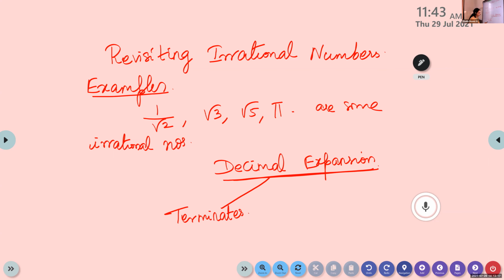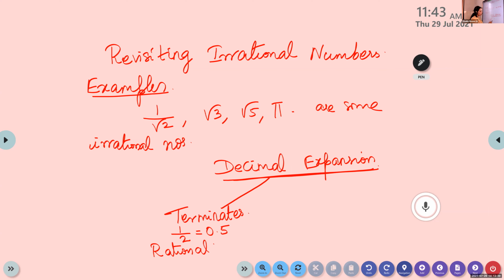For example, 1 by 2 becomes 0.5. So it terminates, it stops. Then it is a rational number. Therefore the given number is a rational number.